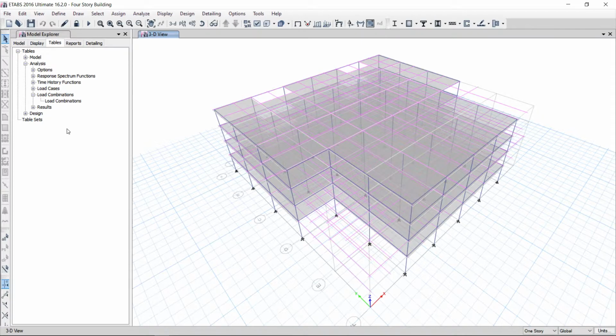Design live load means the maximum expected live load on this floor or on this structure. In case of an earthquake, there are even chances that maybe only 25% of the design live load is present. So the code provides that you can use only 50% of the design live load.